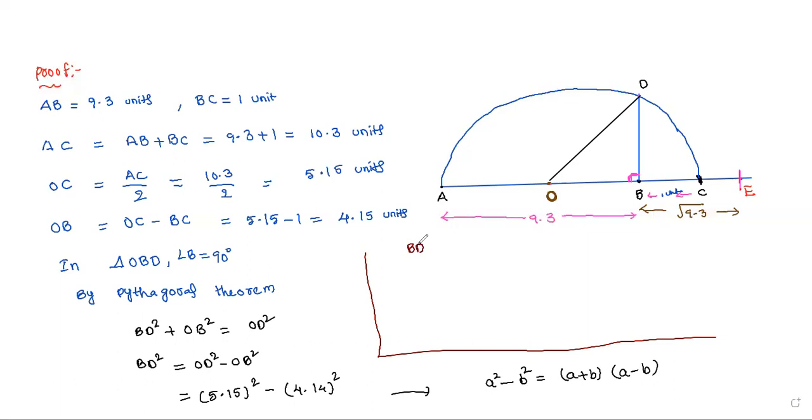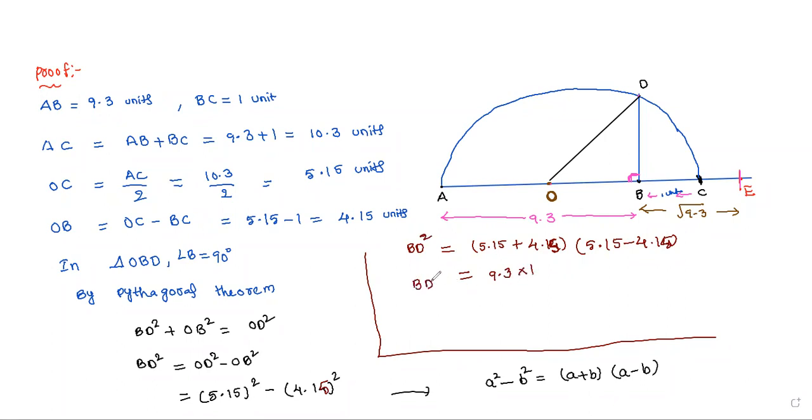BD square is equal to 5.15 plus 4.15 into 5.15 minus 4.15. So finally, simplification gives 9.3 into 1.